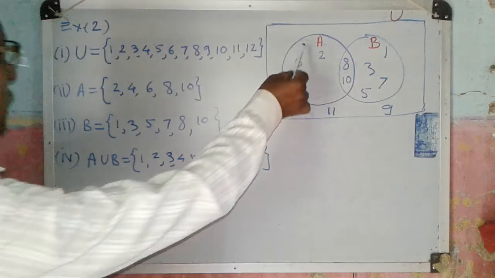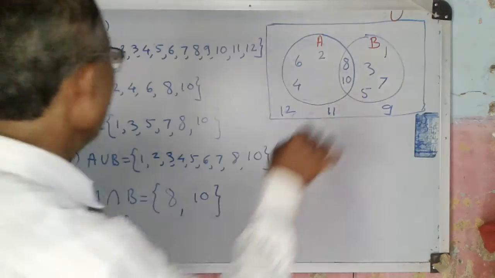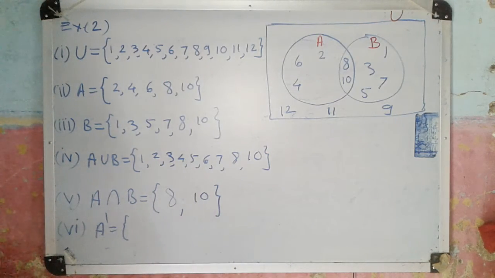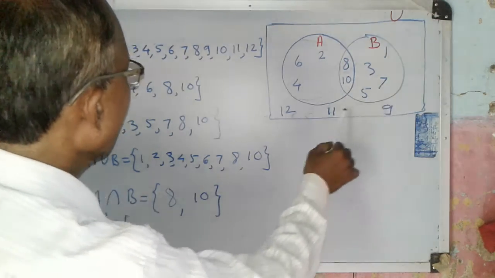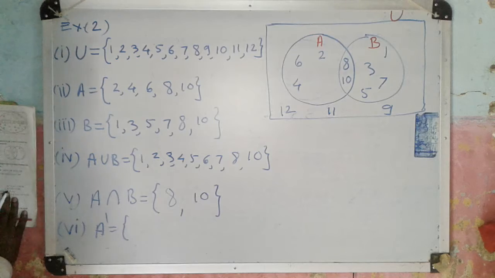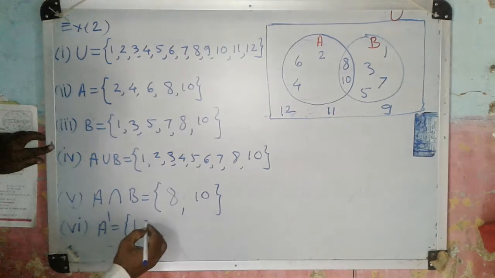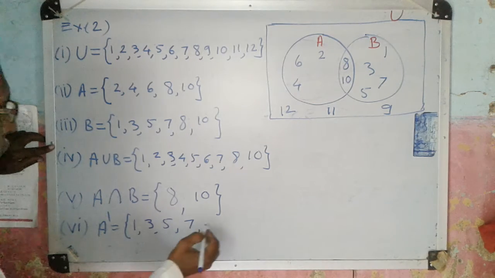That means these elements are of A, and the remaining elements will be in the complement of set A. That means elements which are not elements of A but are elements of the universal set. So the remaining elements are 1, 3, 5, 7, 9, 11, 12.